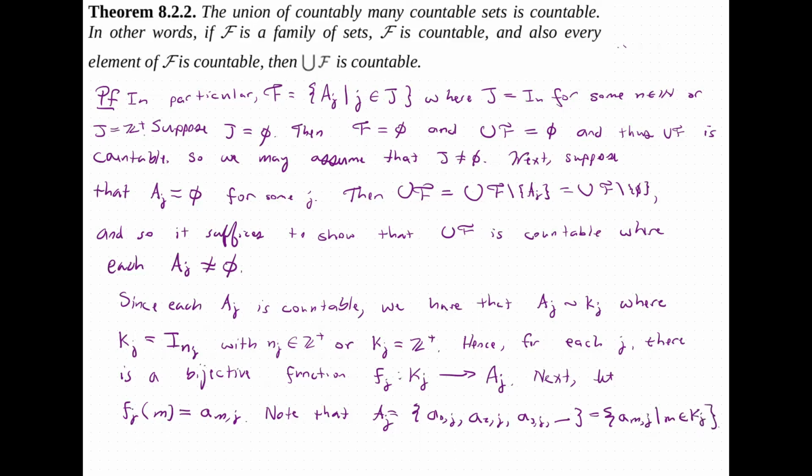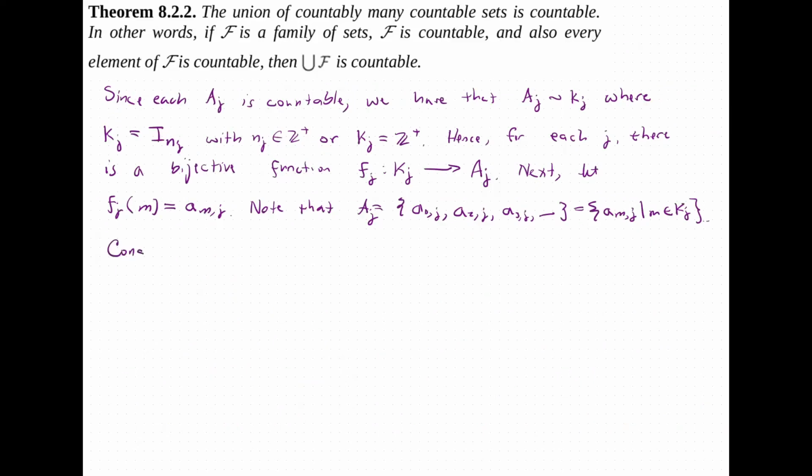And so now we have that for every a sub j, we can list the elements in order of the positive integers. So we have a first element, second element, third element, because of this bijection. And now we are almost done. So let's go ahead and now get to the final step of the proof. So I need a bit more space.